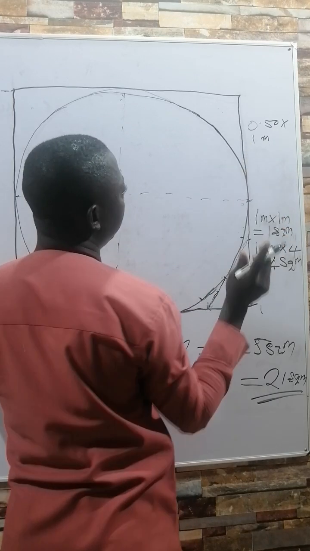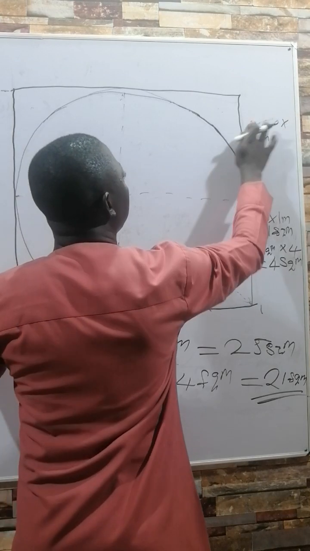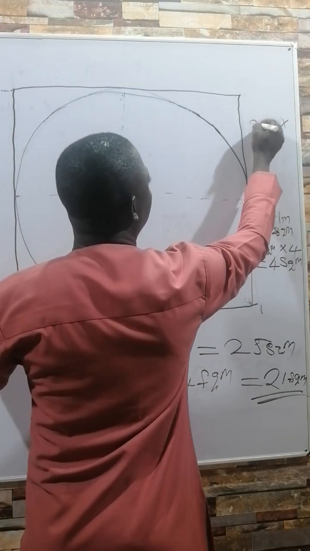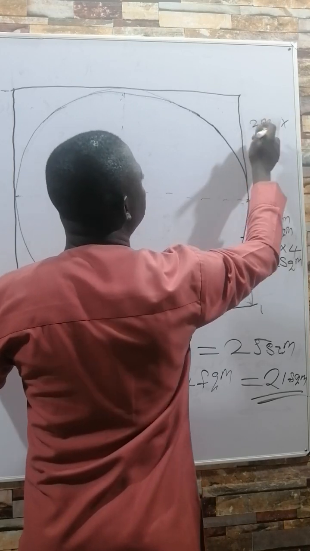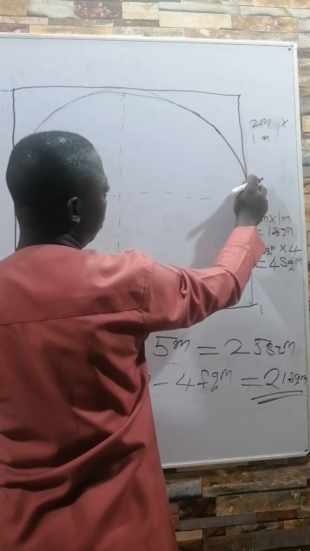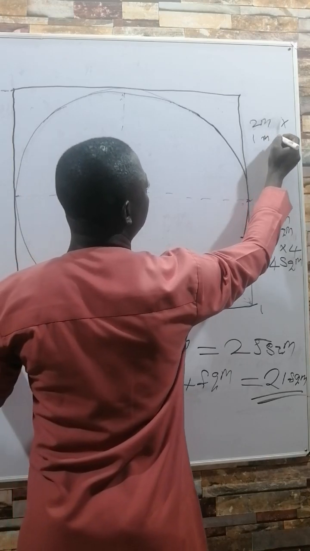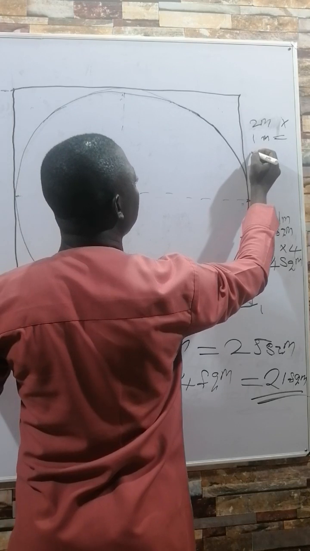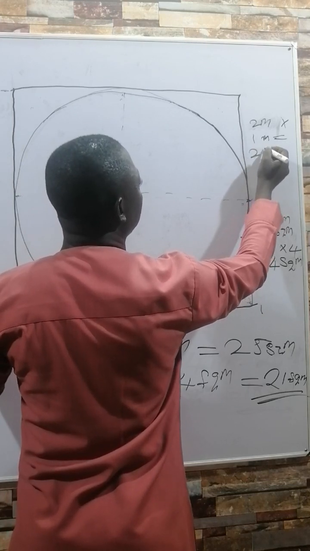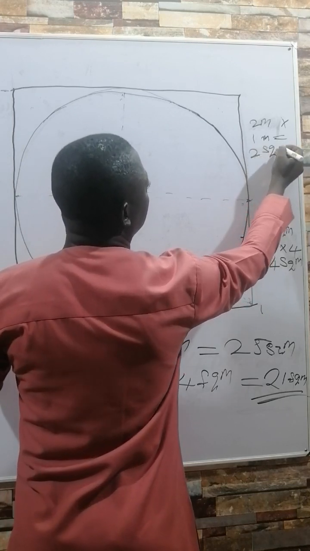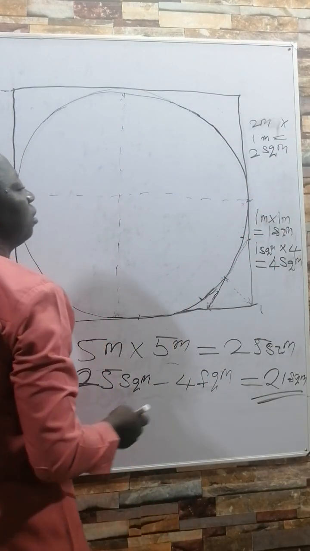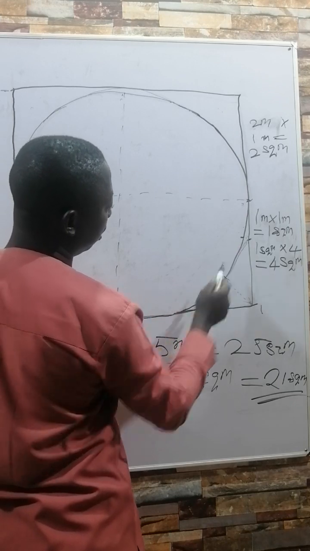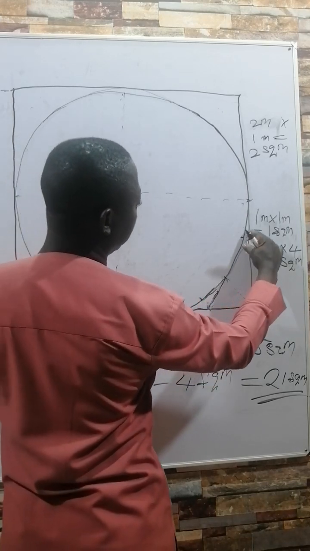Okay, for instance, you get 2 meters by 1 meter. That is going to give you 2 square meters. So that 2 square meters that you got from this area is for this side.